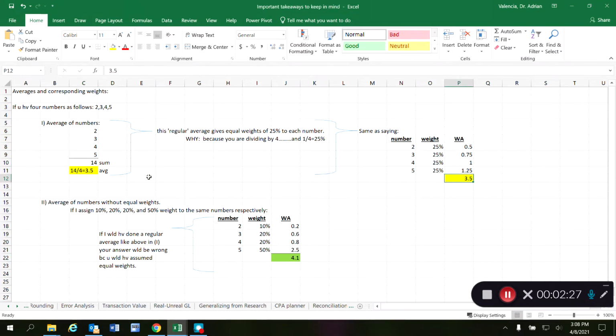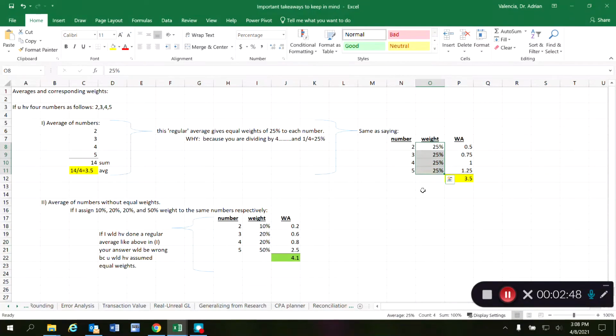But as I was saying a few seconds ago, in accounting we have to constantly work with different weights, and the reason is that it might not be representative to apply equal weights.